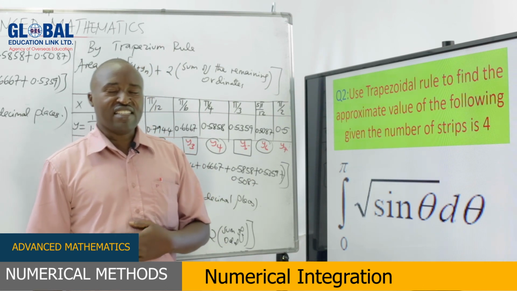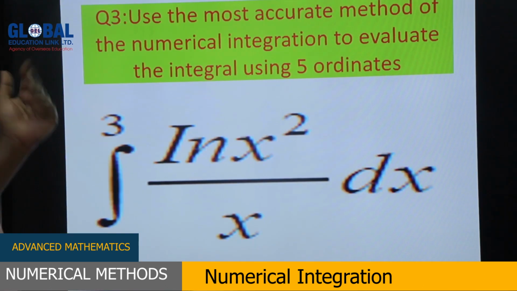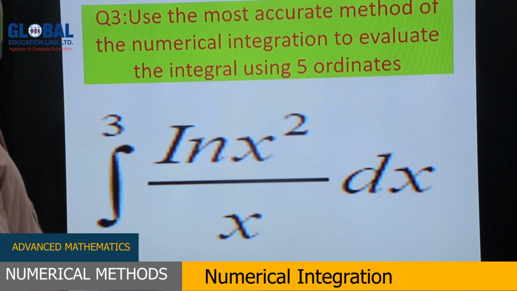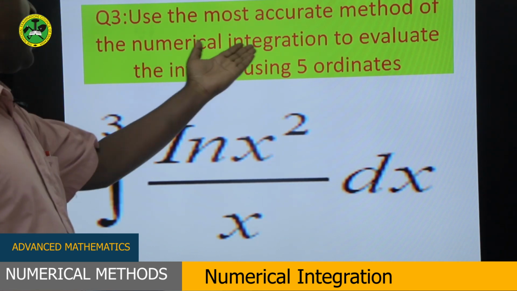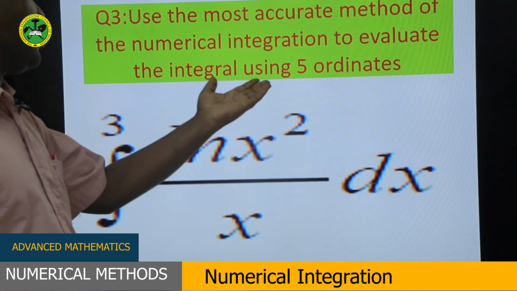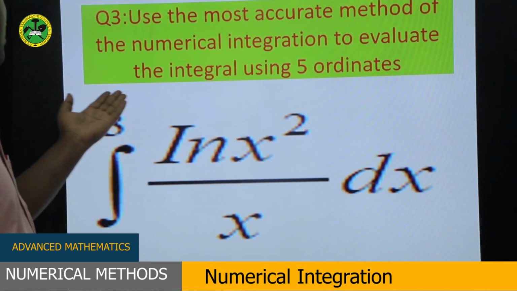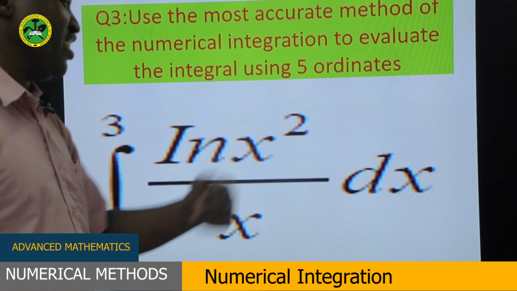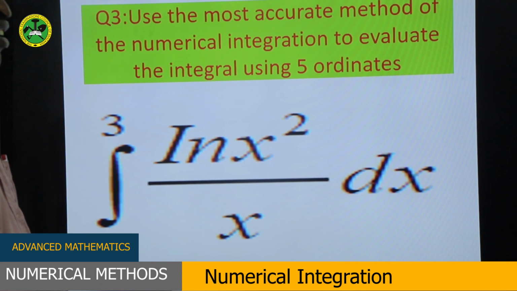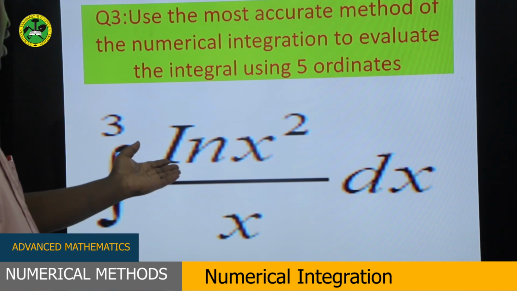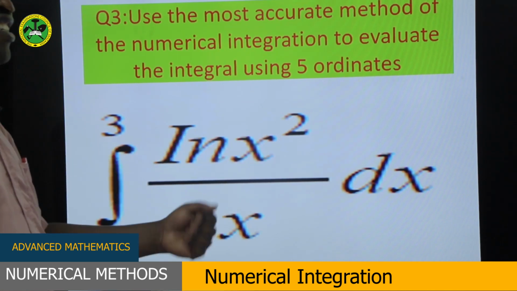And the last assignment question for you, that is assignment number 3. Use the most accurate method of numerical integration to evaluate the integral using 5 ordinates. This time we have the integral from 1 to 3 of ln x squared over x dx.